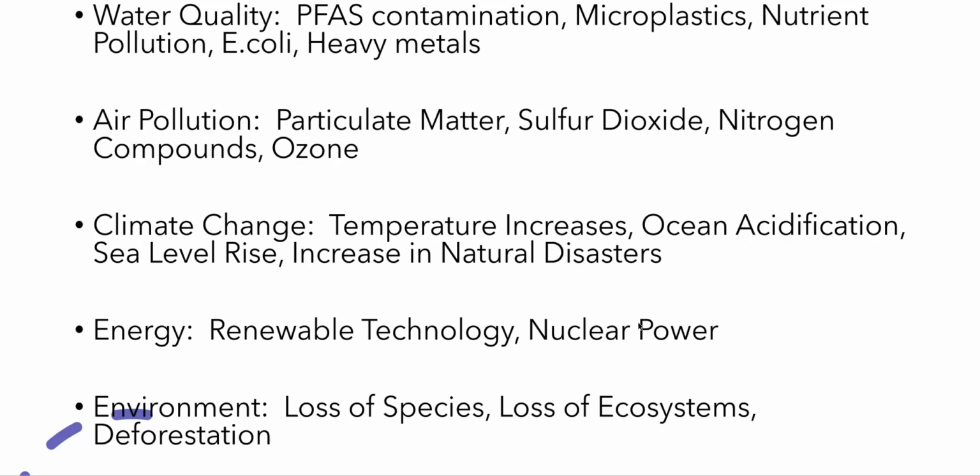Because there are inequities involved in access to energy. And then as far as environment, what that one means is we're looking at issues like loss of biodiversity, deforestation, species that are becoming extinct. So that's how you can narrow these topics.